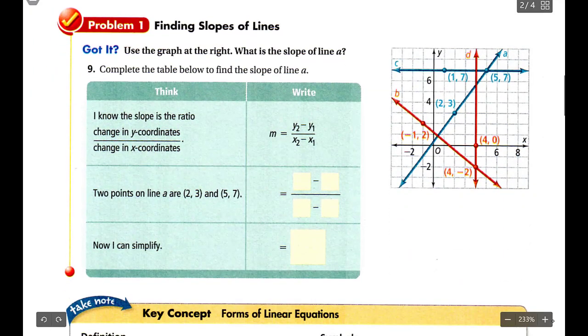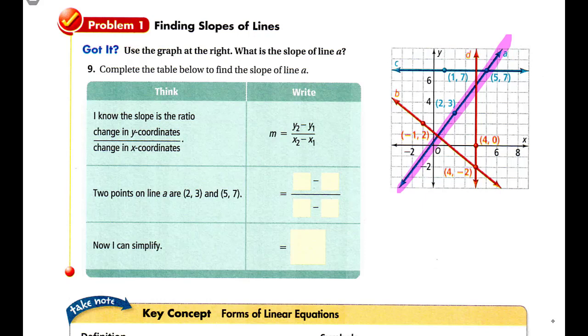So we'll go on to problem number 1, finding the slope of a line. Using the graph at the right, we're going to find the slope of line A, and line A is this blue line that I've now highlighted in pink. The slope is the change in y over the change in x, which is y2 minus y1 over x2 minus x1. The 2 points on line A are (2, 3) and (5, 7).